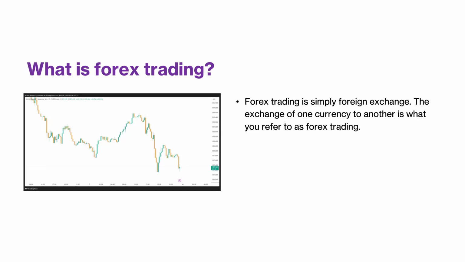Let's use naira and dollar for example. When you come to change your naira to dollar, that $1 is up to 1,000 naira, then you change it before going. Then on your way back, you change your dollar back to naira, and now they tell you that a dollar is 1,200 naira, which means you've made a profit of 200.